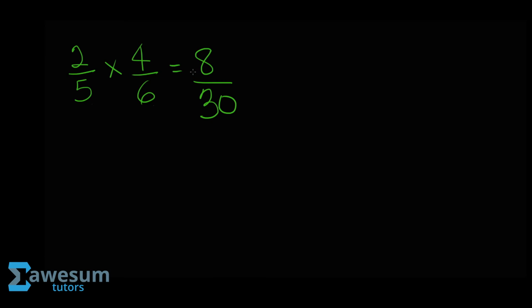So 2 in 8 is 4, and 2 in 30 is 15. So I have 4 over 15. If you take note of this, nothing can simplify this further. So my final answer is 4 over 15.